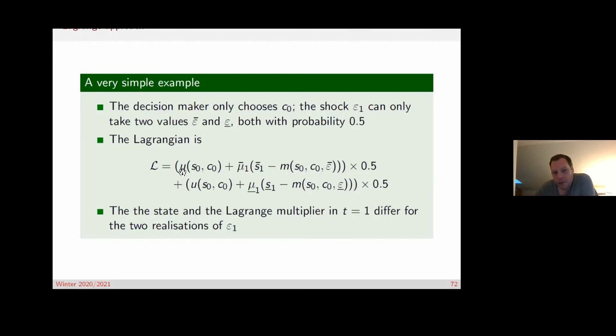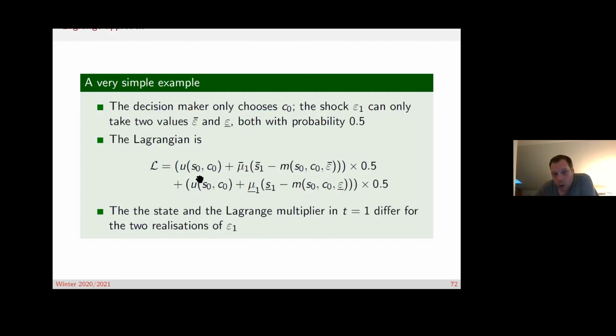And what you then have is two Lagrange problems, one for each realization. This part is the deterministic problem of choosing the control given epsilon upper bar, and this is the deterministic problem given that the realization is epsilon lower bar.